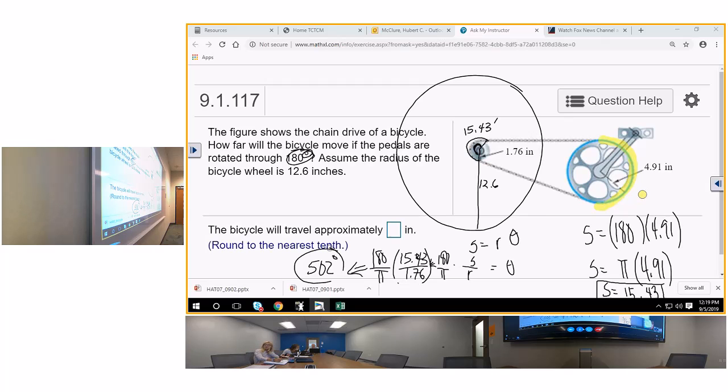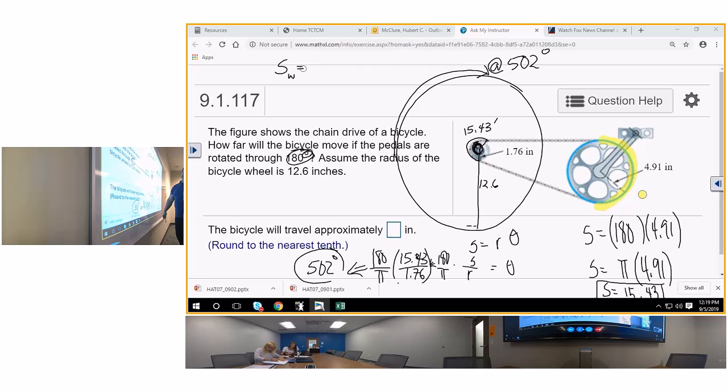Okay, now I've got to put my focus on the wheel, because I want to find out how far this travels at 502 degrees. So the distance on my wheel, S, is going to equal theta, 502 degrees. Somebody change that to radians.